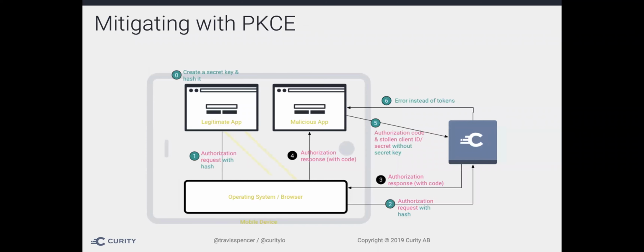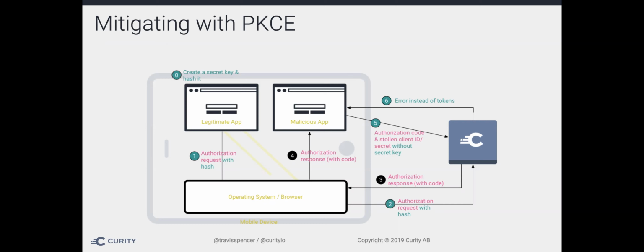The way that we mitigate this is we add step 0 here in the top left corner, where we create a secret. It's sort of like an ephemeral key, a temporary key unique for this authorization transaction. So with one of these flows, you make a new key, and you take a hash of that key.